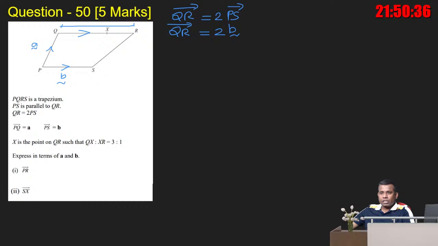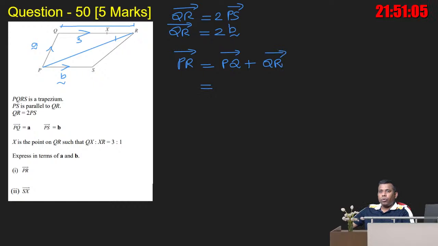Now QX to XR is 3 portion to 1 portion, right? Now first they are asking P to R. P to R is here to here. So that is easy, I believe. P to R equals P to Q plus Q to R.